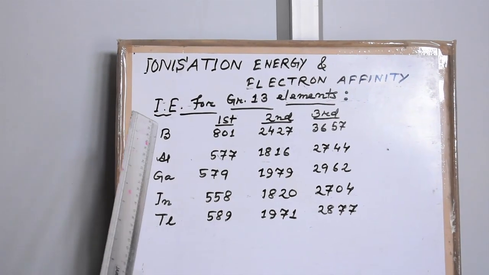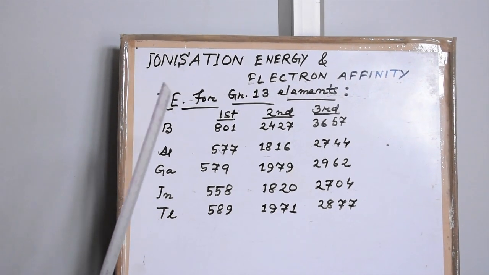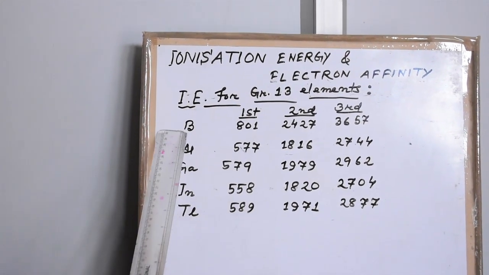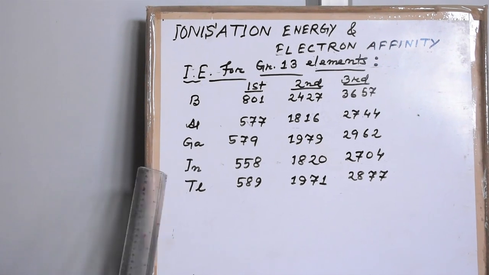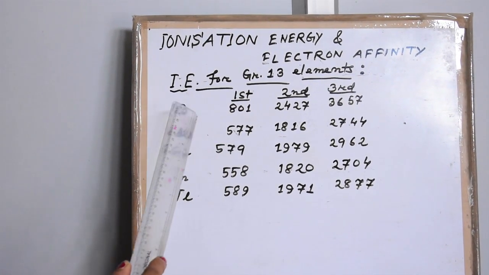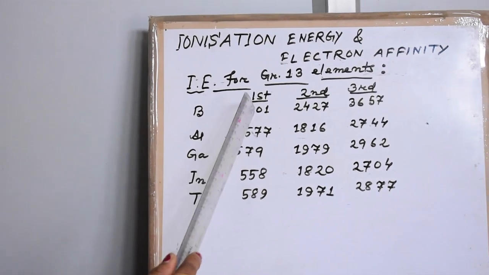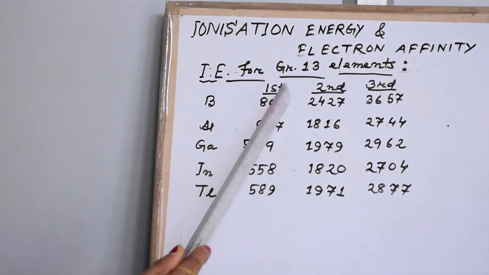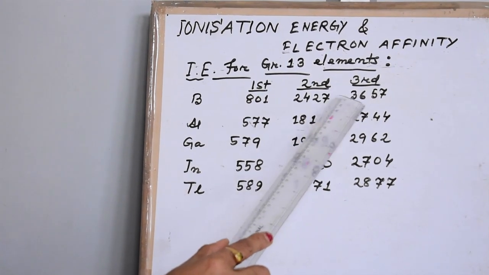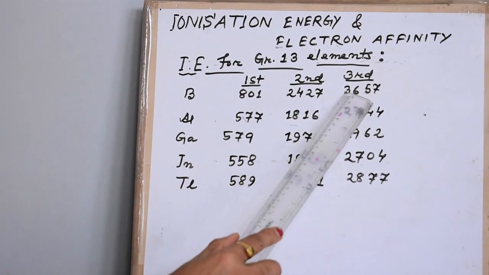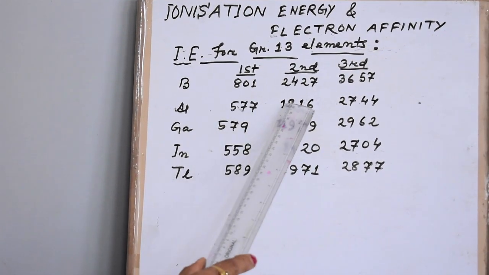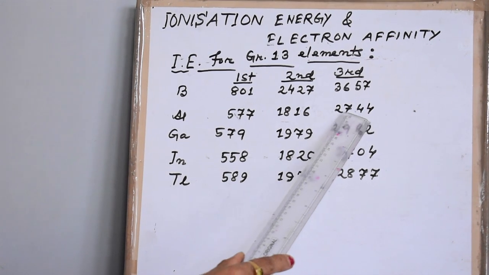If we see the ionization energy values for group 13 elements, which are boron, aluminium, gallium, indium, thallium, we see that for boron the first ionization energy value is 801 kilojoule per mole, second ionization energy value 2427, third ionization energy value 3657, and aluminium at 577, 1816, 2724.